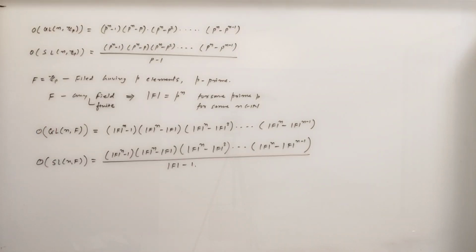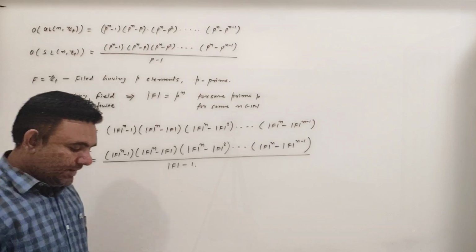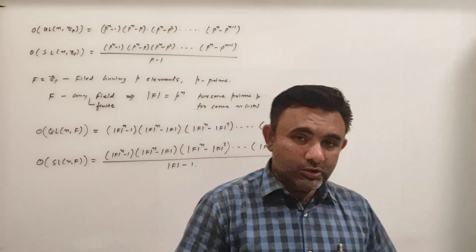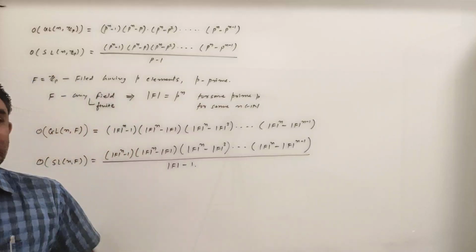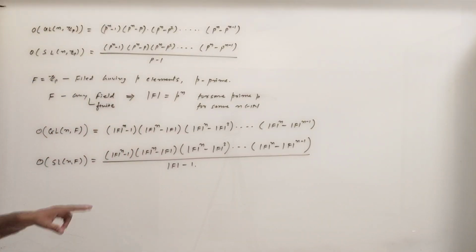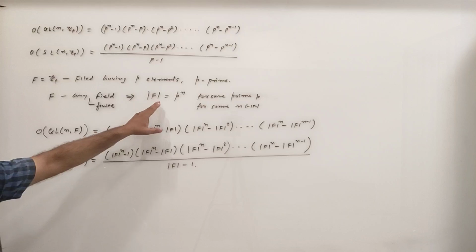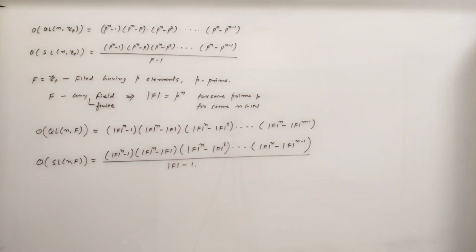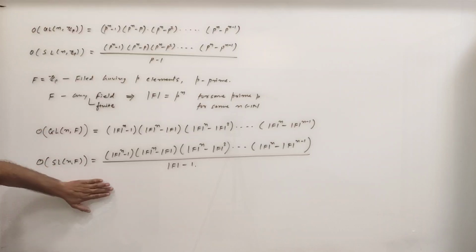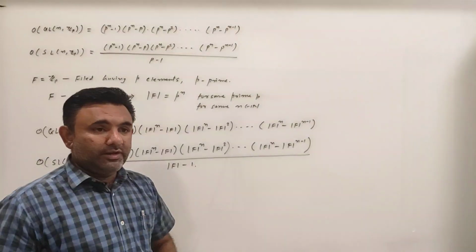So this is the general formula for the cardinality of GL(n, F) and the order of SL(n, F), where F is any finite field. If you take the cardinality of F equal to p, then we have the earlier one. So in the last lecture we had discussed up to here, but this is just a generalization of these two formulas, so please keep this in mind.